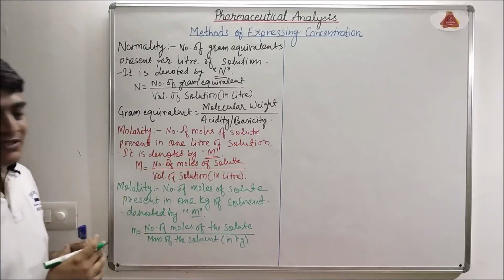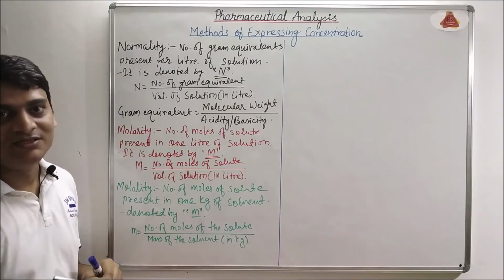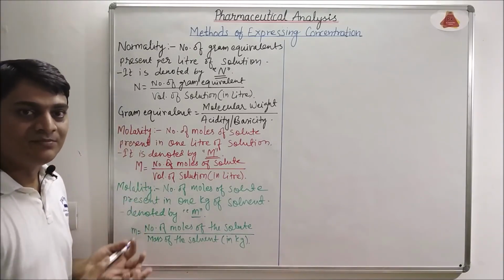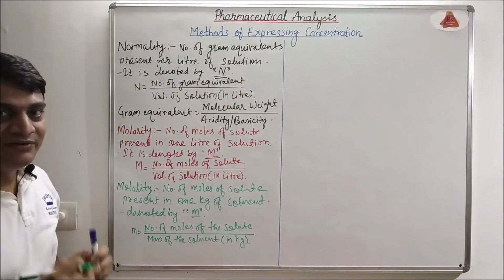So these are the definition and the formula for molarity and molality. I have already discussed the details about molarity and molality with suitable numerical examples in another video. The link is given here, so you can watch that video for details.